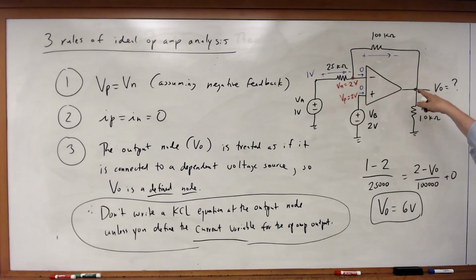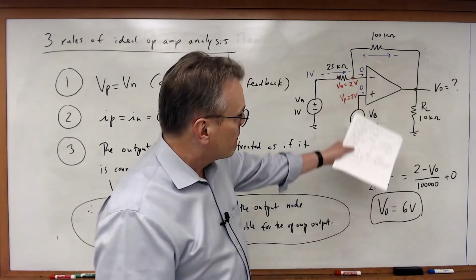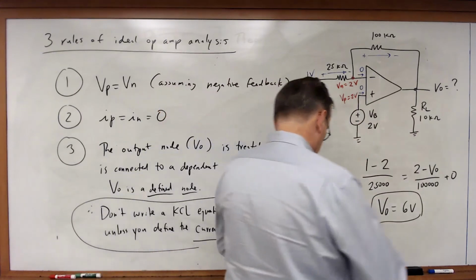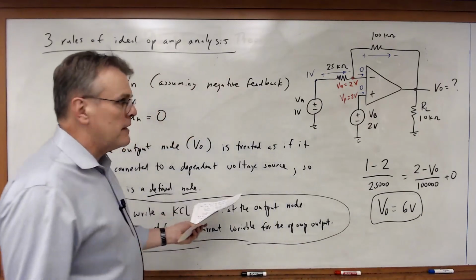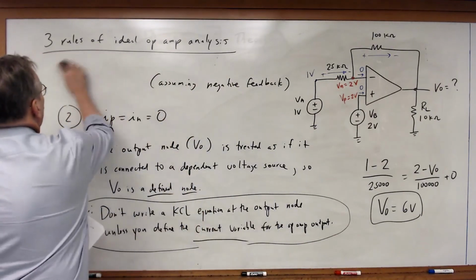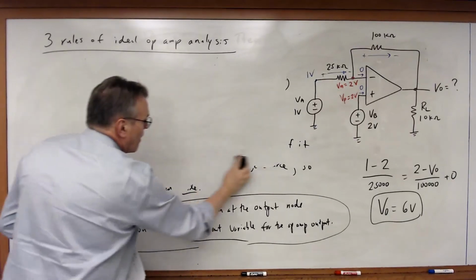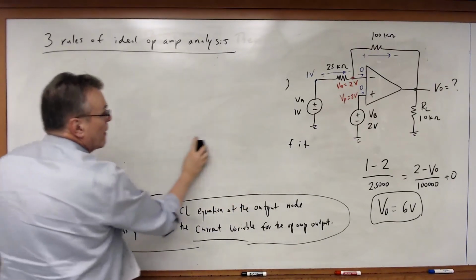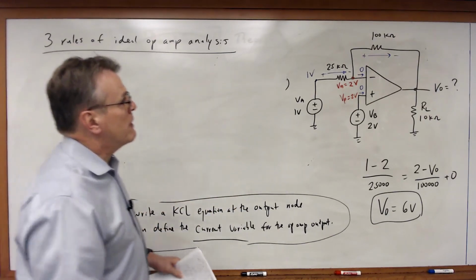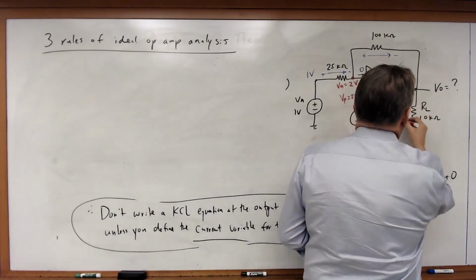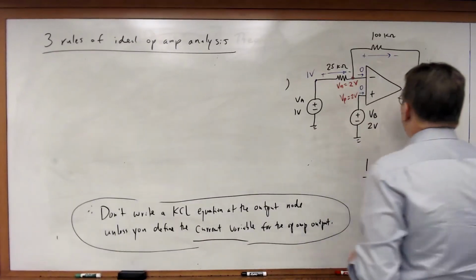Now, V sub O, could I write a KCL equation for V sub O? Well, sure I could. You can always write a KCL equation for a node even if it's defined. Let's do that. If I'm going to write that KCL equation, what do I need to include?